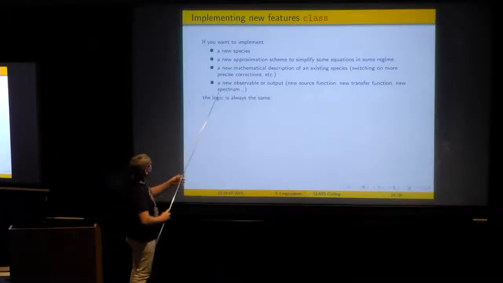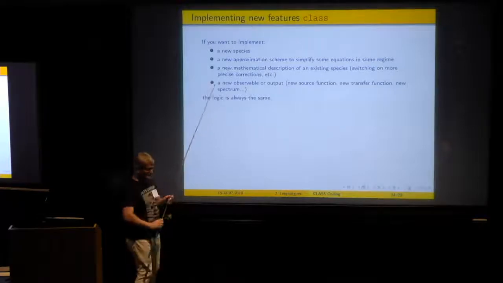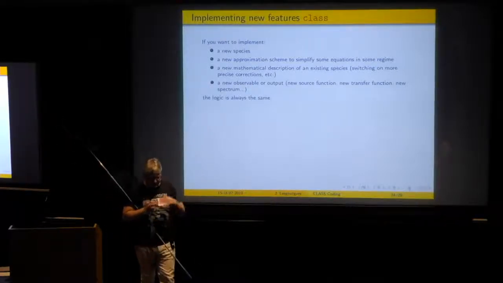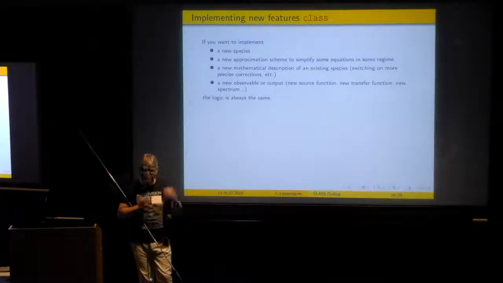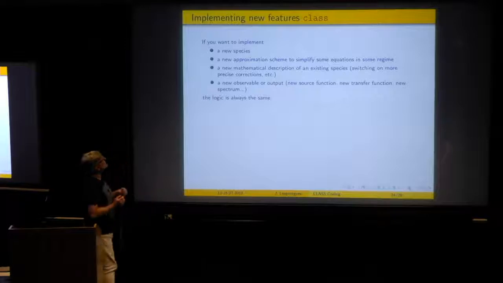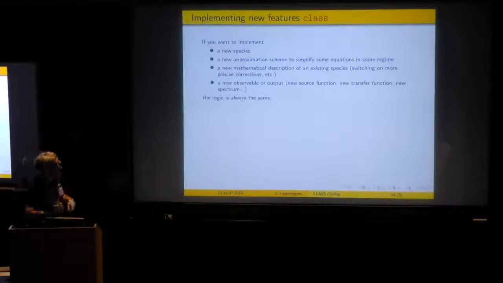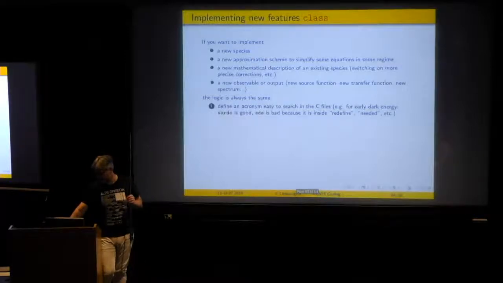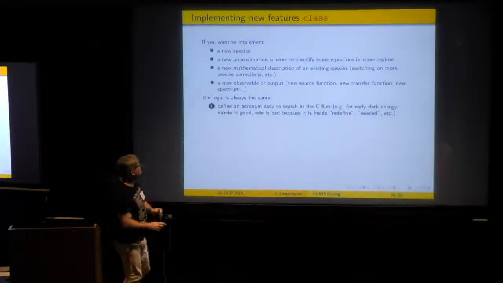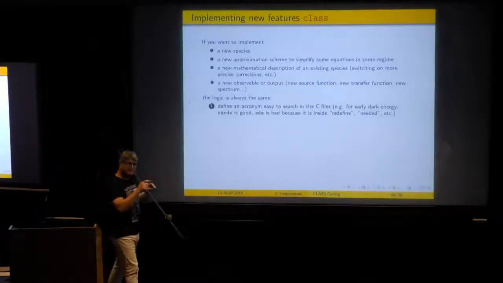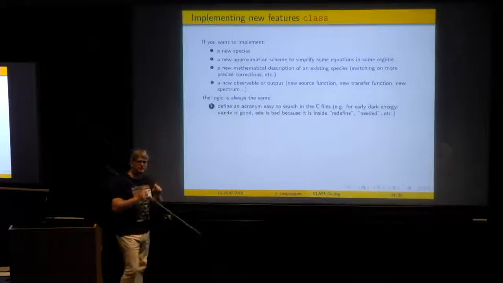Or you want to implement a new observable. So for instance, you want to code a new type of CLs, or you want to code the cluster mass function, something new. So all these are new features. And for all these kind of new features, it's always the same logic. Think of a name, think of an acronym that summarizes your feature. And a good acronym is something that you can easily search in the files or with a grep.